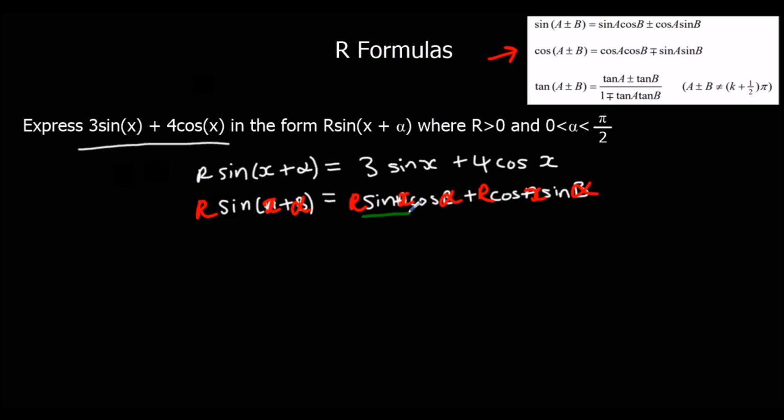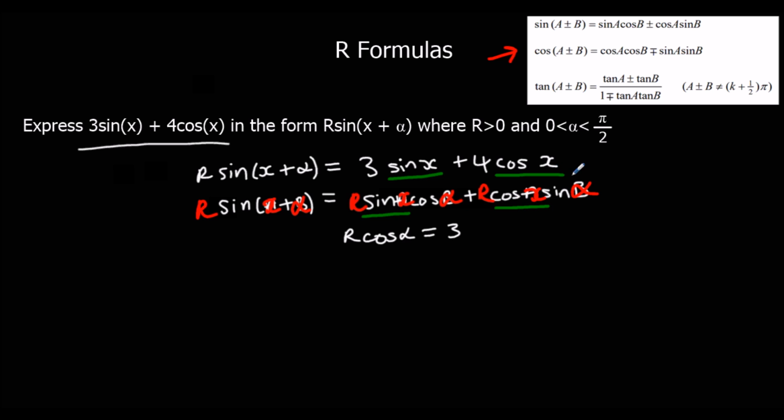So we've got sin x and sin x here. So what's the difference between them? We've got r cos alpha on the bottom, and that is equal to 3. We've got 3 on the top, r cos alpha on the bottom, so r cos alpha must be 3. And the same for the next term.